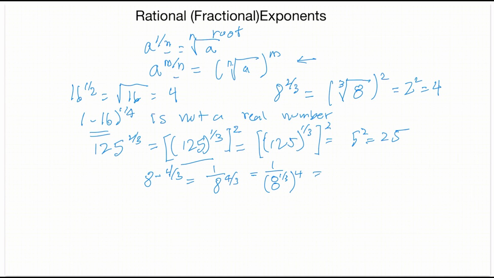Well, we know that the cube root of 8 is going to be equal to 2. That's raised to the 4th power, and that's in the denominator. So 2 to the 4th power is going to be 16. That's 2 times 2 times 2 times 2. So that's 1 over 16.